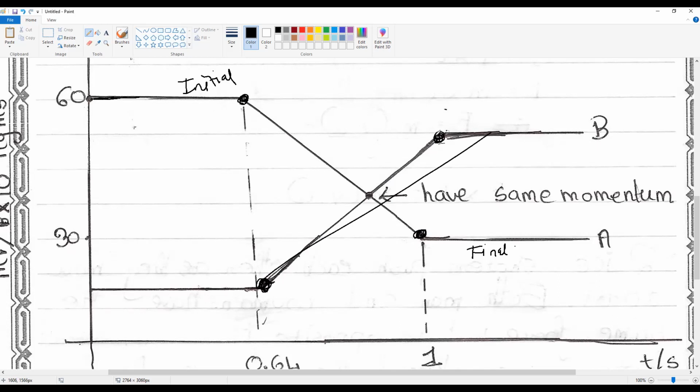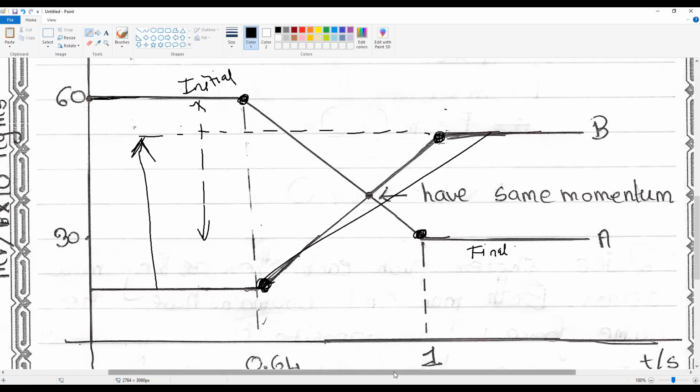The total momentum before and after collision is also the same. However much this height decreases, that height increases. Truck A's momentum decreased, so truck B's momentum increased.